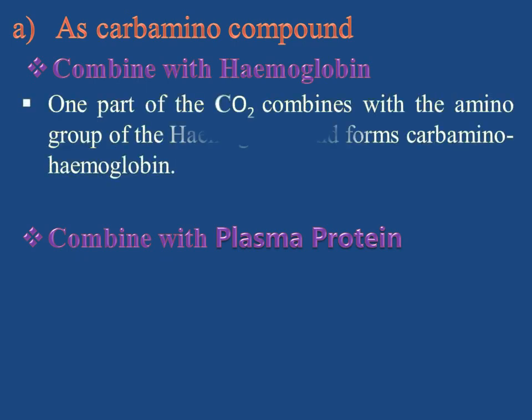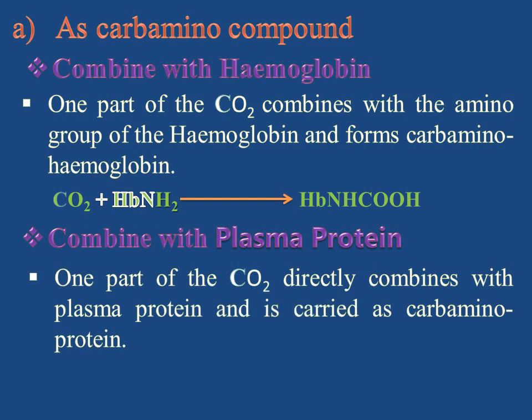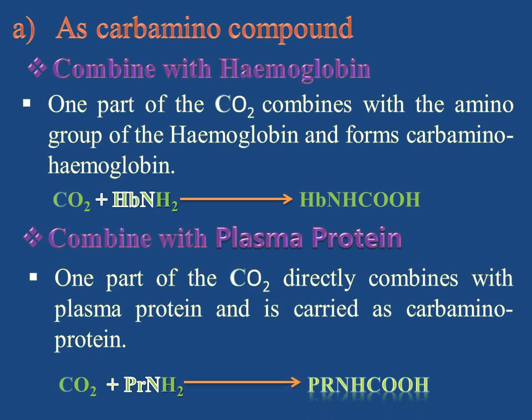One part of carbon dioxide combines with the hemoglobin of the red blood cells and forms carbaminohemoglobin, HbNHCOOH, and some part of carbon dioxide directly combines with the plasma protein and is carried as carbaminoprotein, PrNHCOOH.